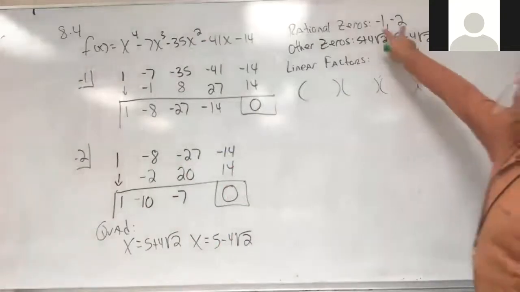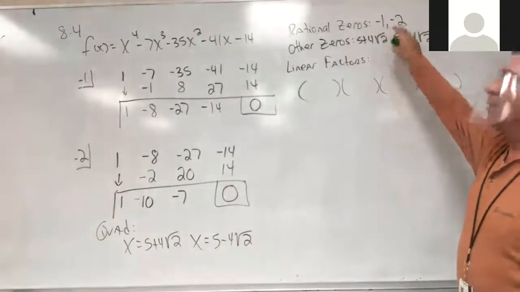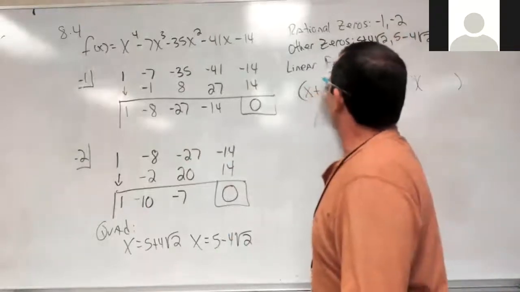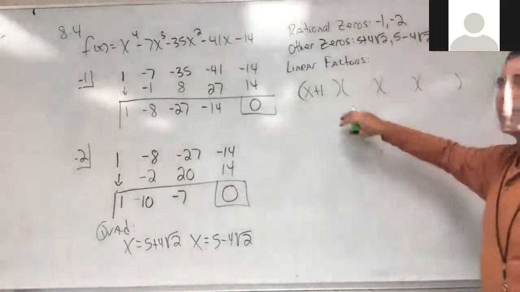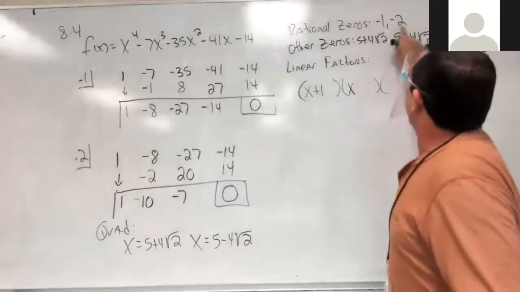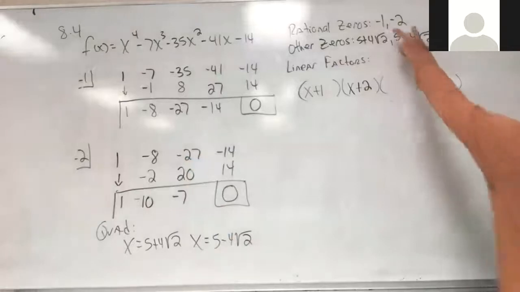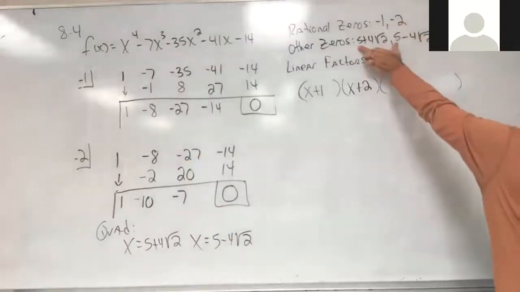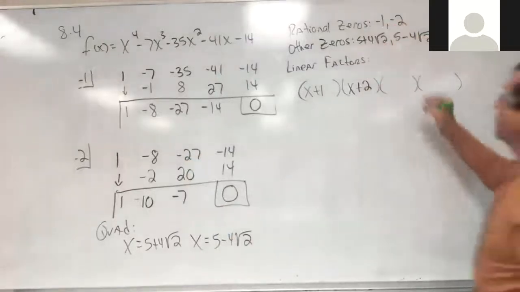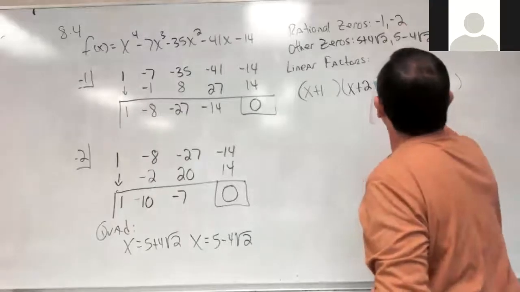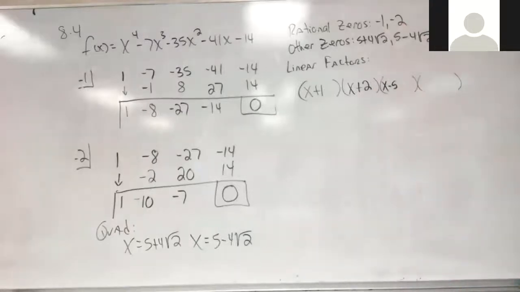All right, so these ones won't be bad, right? -1 and -2 make this an x plus 1. All I'm doing is changing the signs, putting them down here, x plus 2, and then that'll be x plus 2, okay? So you just change the signs and everything. Now, both of these 5s are positive, so they're both going to become negative.